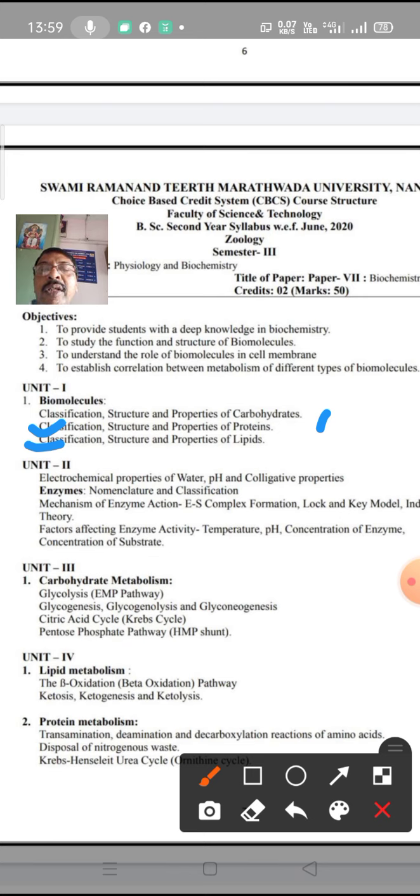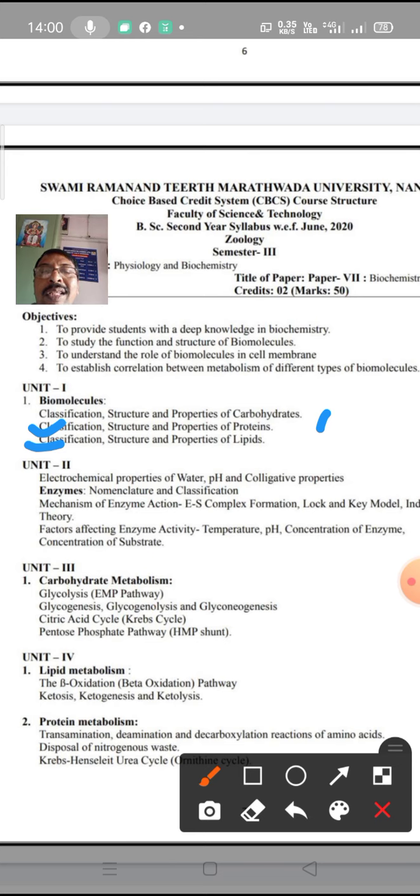The second unit covers electrochemical properties of water, pH and colligative properties. The next topic from the second unit is nomenclature and classification of enzymes.